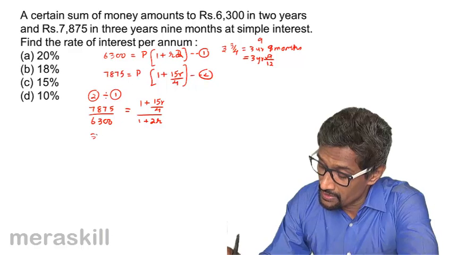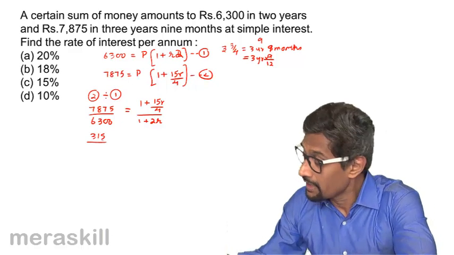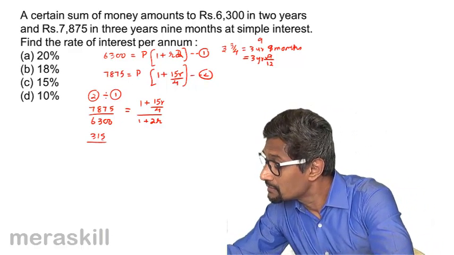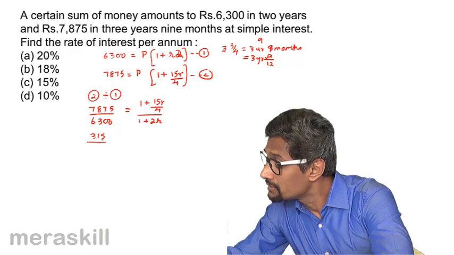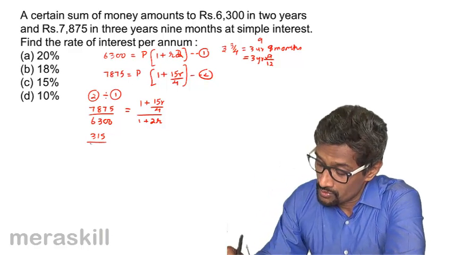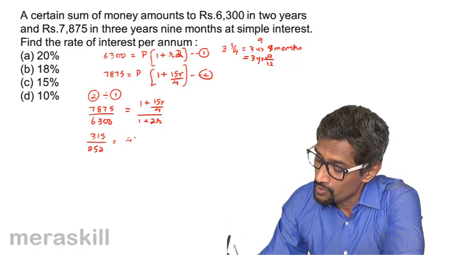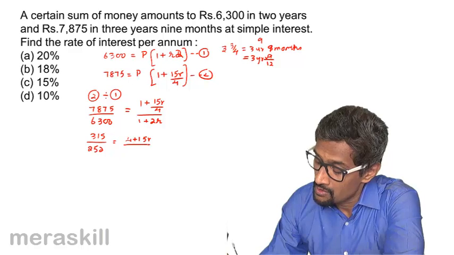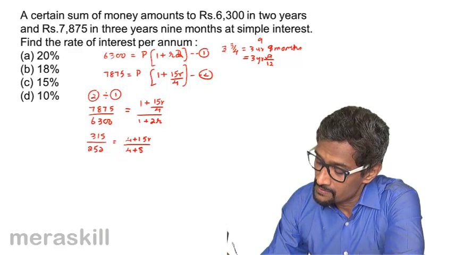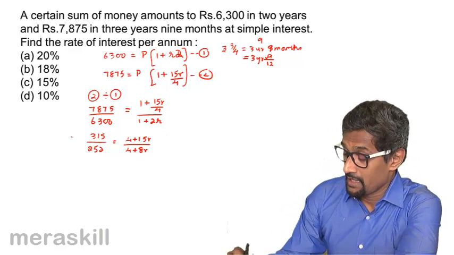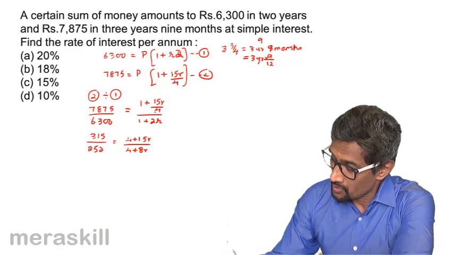So it's 315 here, and we have 6,300 on 252 is equal to 4 plus 15R upon 4 plus 8R, and hence we need to cross multiply.